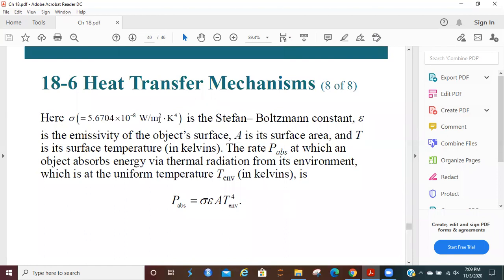You've got the Stefan-Boltzmann constant, that's going to be sigma. You've got the emissivity of the object's surface. A is going to be its surface area, and T is the temperature in kelvins. And the rate at which the object absorbs energy via thermal radiation from its environment, which is at a uniform temperature, is going to be given as follows.